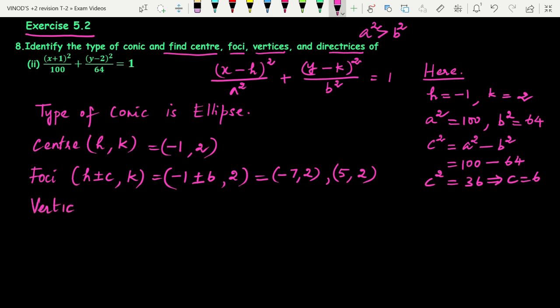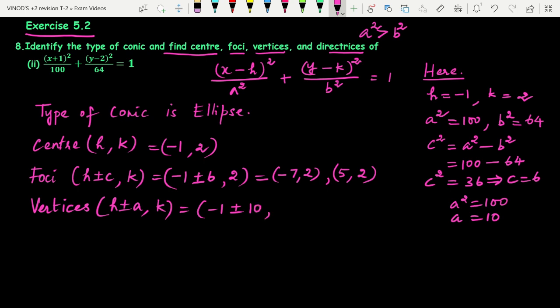Next, find the vertices. Vertices are (h ± a, k). Here h is minus 1, a square is 100. So taking square root, a is equal to 10.